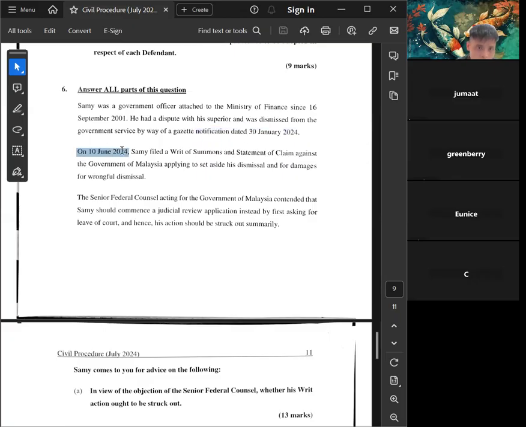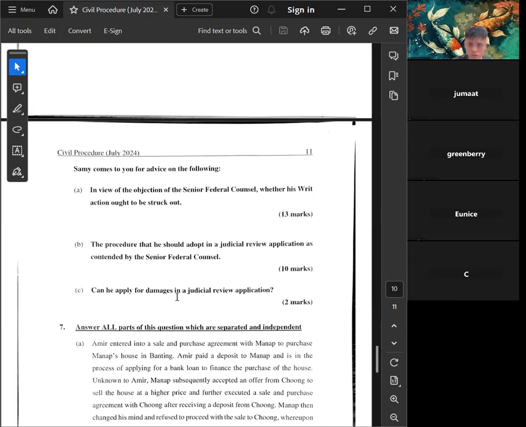But when he filed the action, as given in Order 53, Rule 3, the time frame shall be 3 months. This is provided in Rule 3 sub 6. You must do it within the 3 months. That is why when you see a date contained in the question, you must highlight it because it could be part of your answer. Okay? Now, are there any questions?